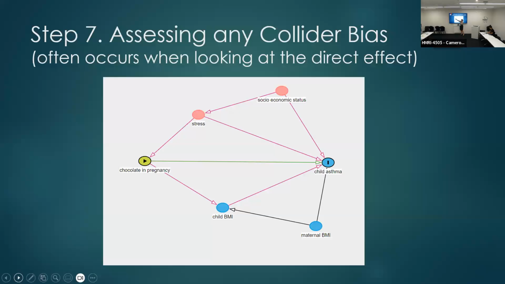If you do adjust for it, that's bad. It's kind of like a tap on in reverse. It was off, just naturally, and now you've turned it back on and you're creating pathways through here.